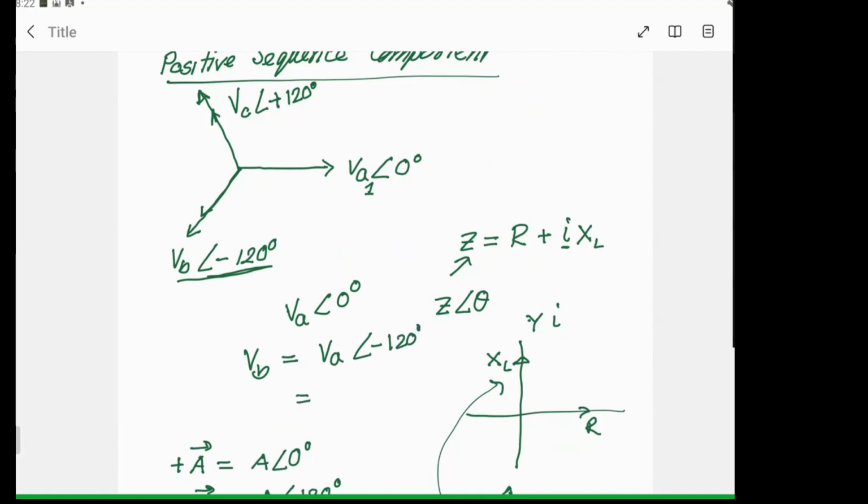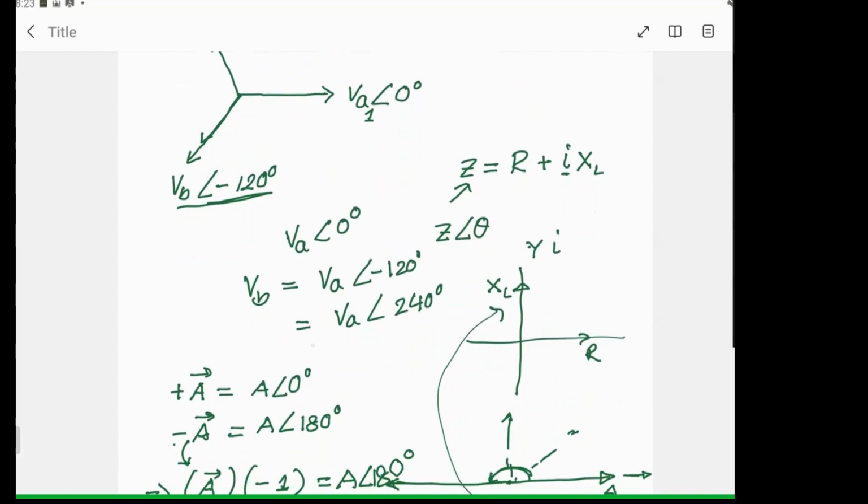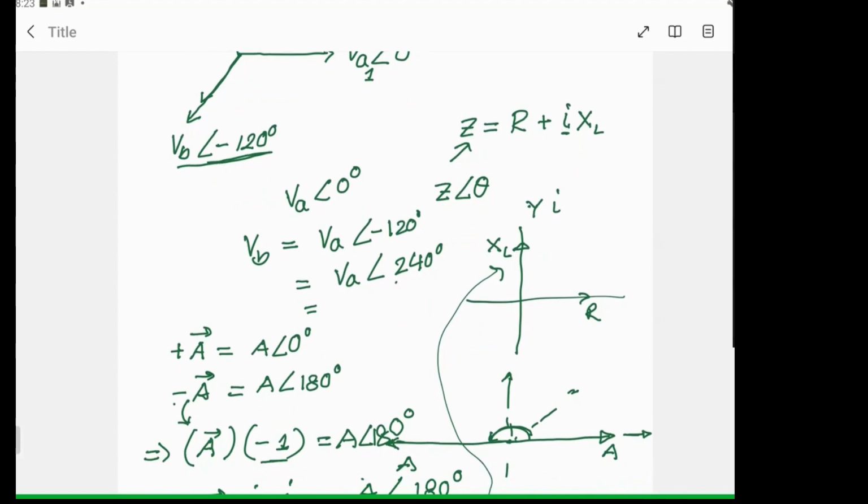Or I can write this -120-degree is equal to 240-degree. Now here 90-degree I have represented with I, 120-degree I can represent with alpha. So if I multiply alpha times alpha VA, that will give me VC.